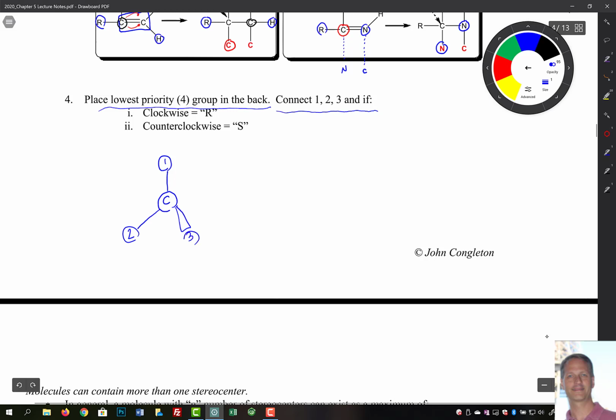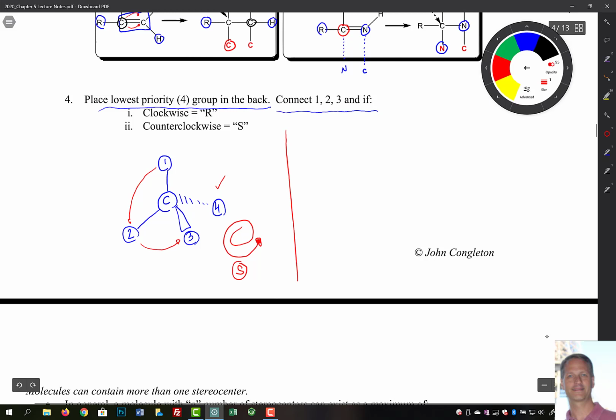Put that out as number 3. And then that would be your number 4. So the first thing to check is number 4 pointing away. It is. It's pointing away from us. And now what we're going to do is connect 1 to 2 to 3. Right? So it's moving around like that direction if you just keep going. Okay? And that direction right now is counterclockwise. So that would be an S version of this molecule.